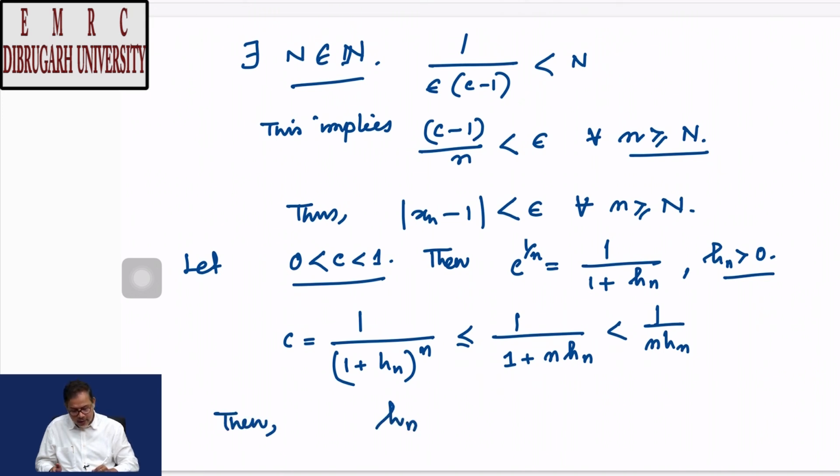Then hn is lying between 0 and 1 by nc. This is coming from this expression.